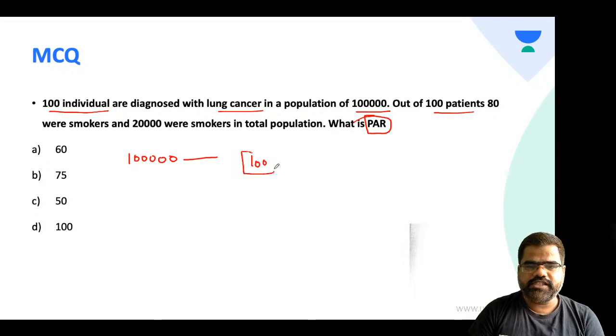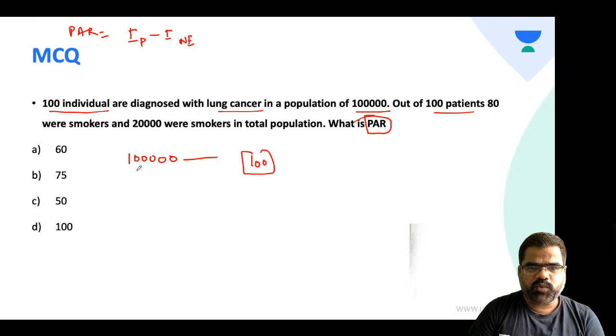So this is diseased, this is the total population. What is PAR, population attributable risk? Just now we have read: incidence in population minus incidence in non-exposed. Simple, this is PAR.